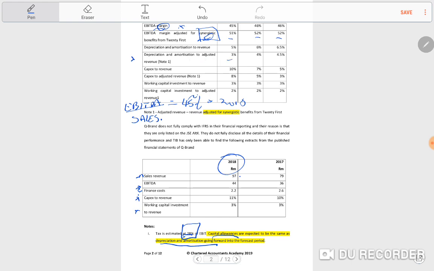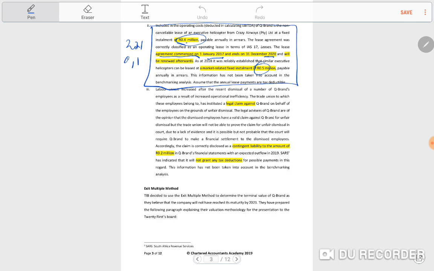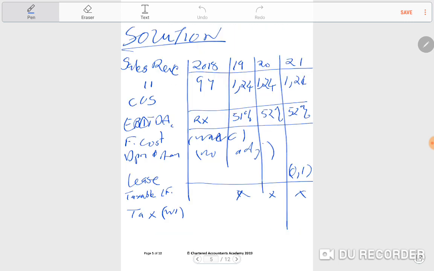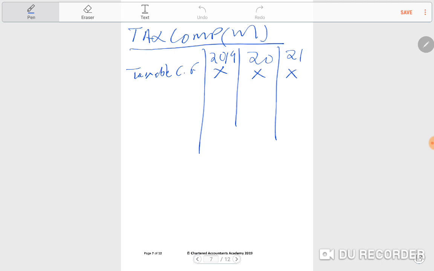It's going to be 3% of our revenue, 4% of our revenue, 4.5% of our revenue. These revenue figures are the ones that we calculated over here, that we multiplied by 1.24. So these revenue figures are the ones that we're going to use to calculate our tax.